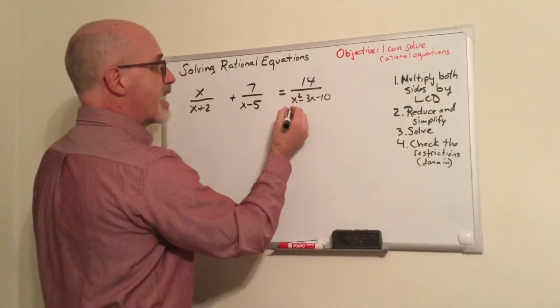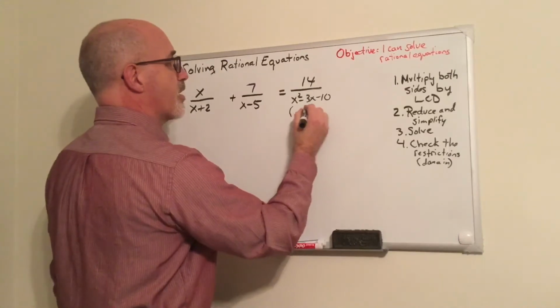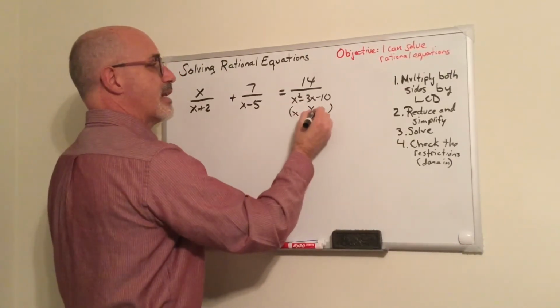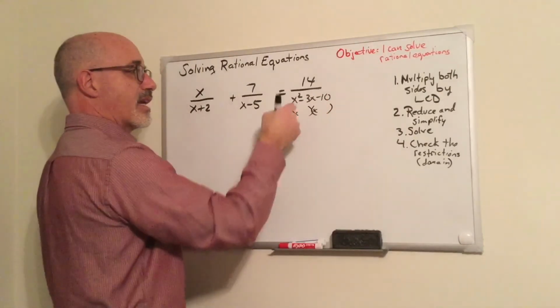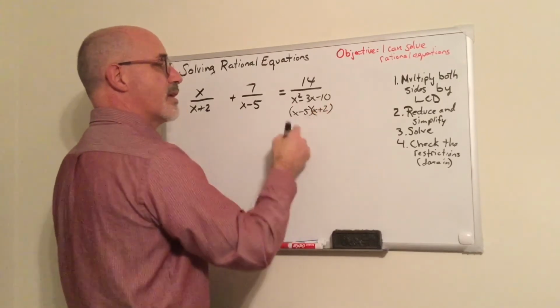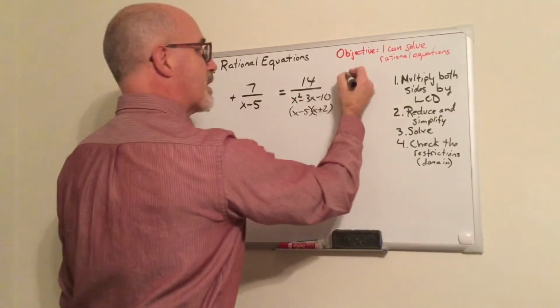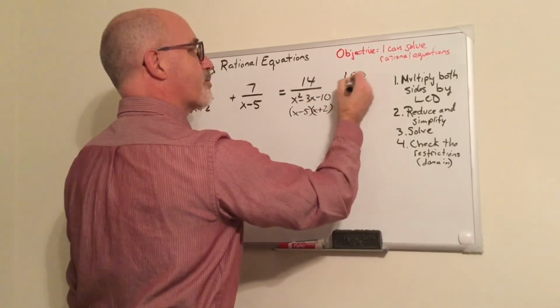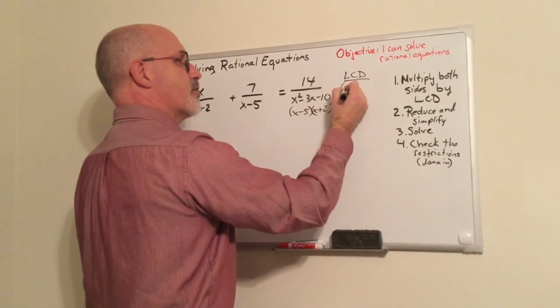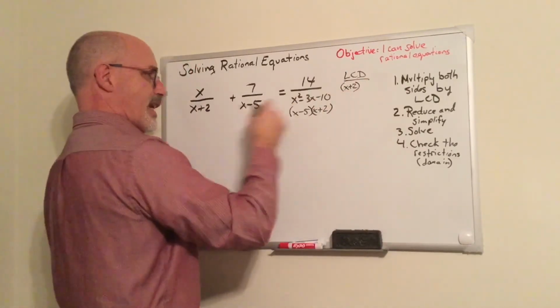First of all, if I factor this denominator here, I want two numbers that multiply together to give me negative 10 and add together to give me negative 3. That would be a minus 5 and a plus 2. Now, when I look at that for my least common denominator, I'm going to take the x plus 2 and the x minus 5.